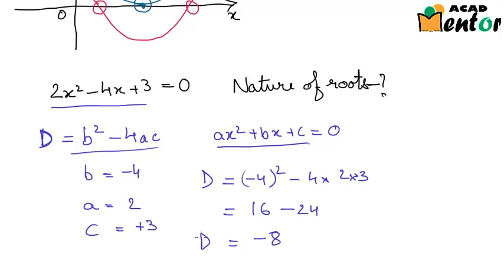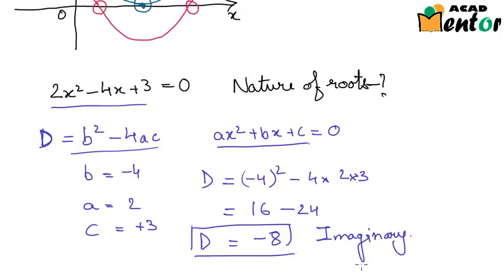So the value of the discriminant is -8. What does that mean? Yes, we will have imaginary roots, and the graph of this equation would never touch the x-axis, and we'll never get real roots for this equation. So we have imaginary roots or no real roots.